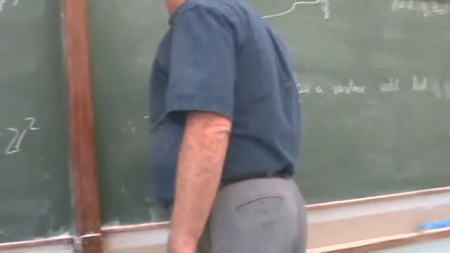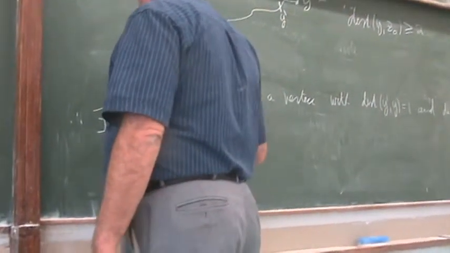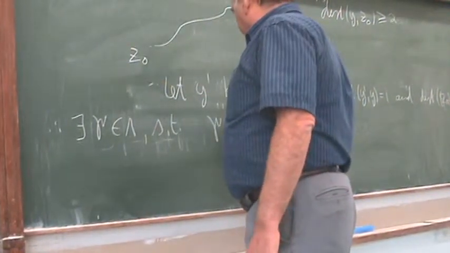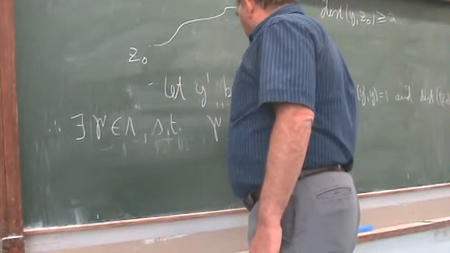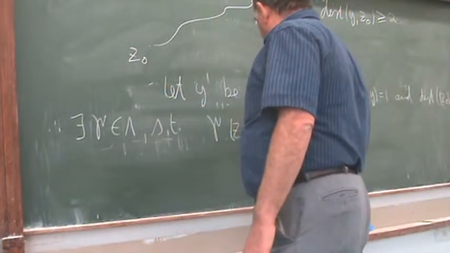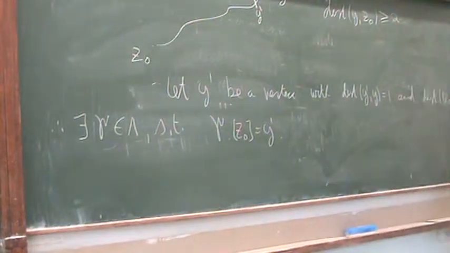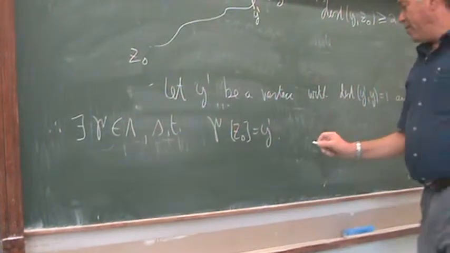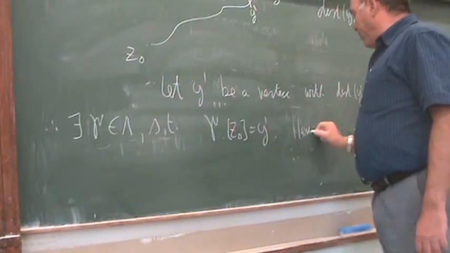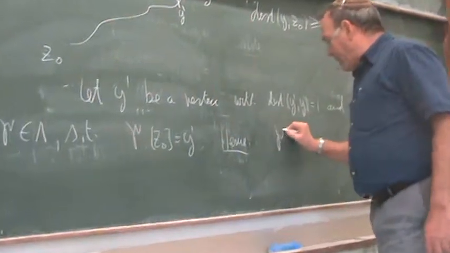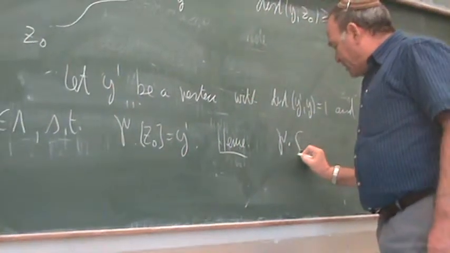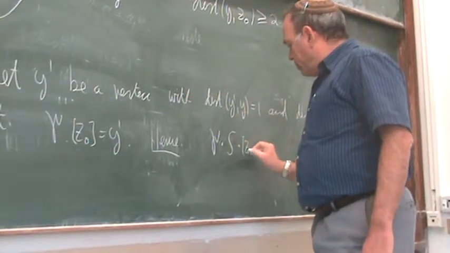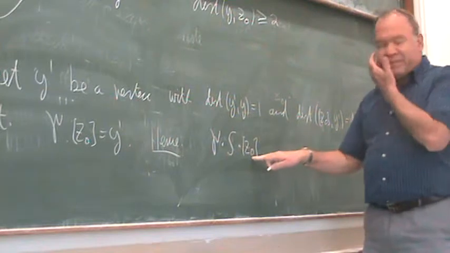So by our assumption, there exists some gamma in lambda such that gamma acting on z naught is equal to y prime. But therefore, if I look at gamma times S times z naught, what is S of z naught?